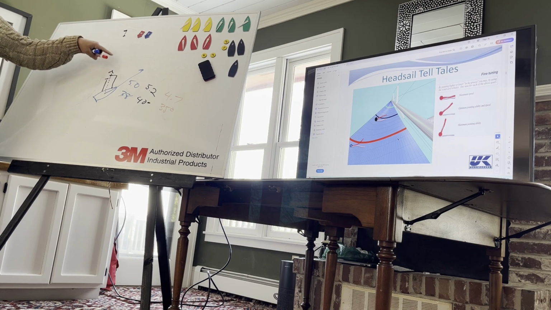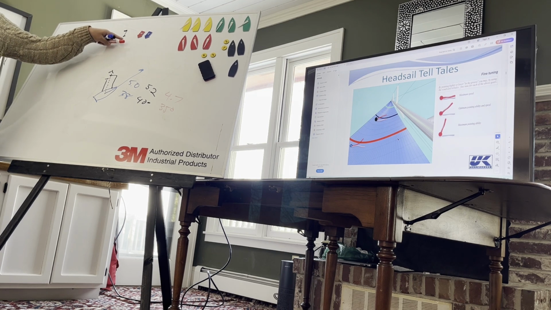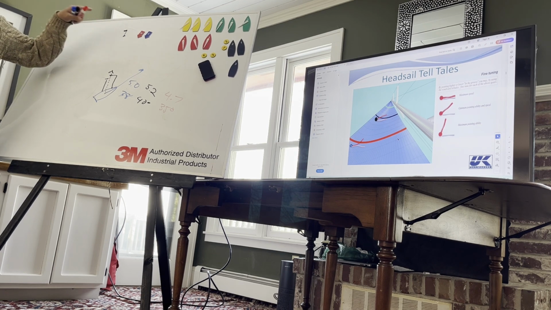Okay? VMG mode. What's the fastest way up to this mark? If we ease the sails and go faster, we lose some VMG, but we gain some boat speed. If we pull the sails in tight, we're pointing higher, but the boat's going slower, and we lose some VMG.